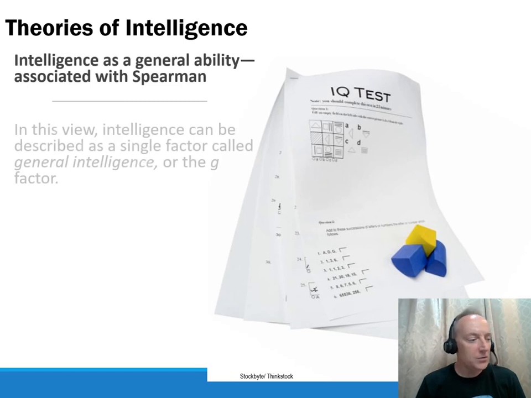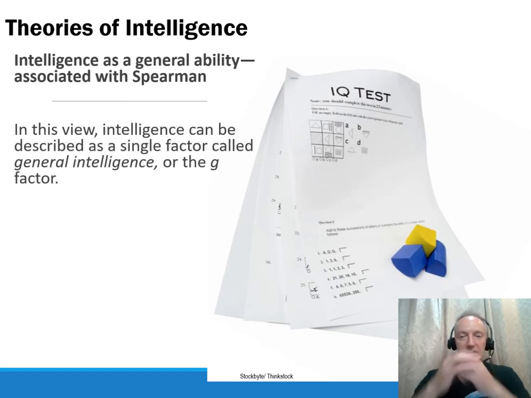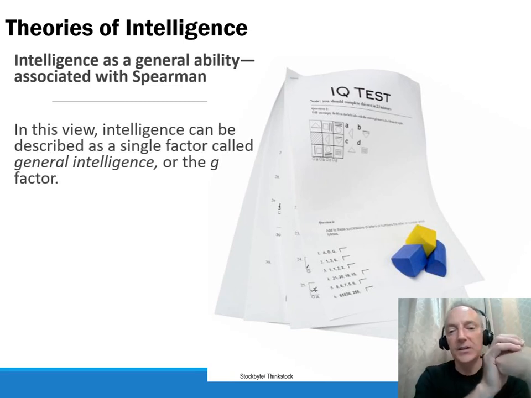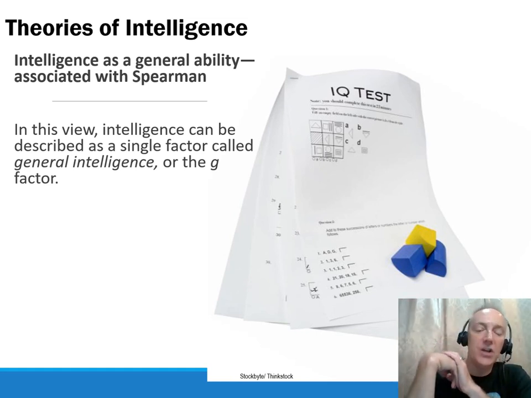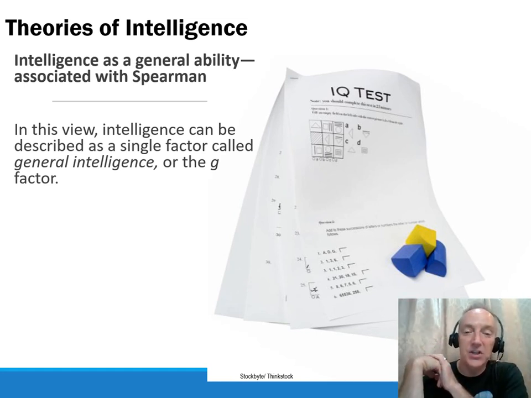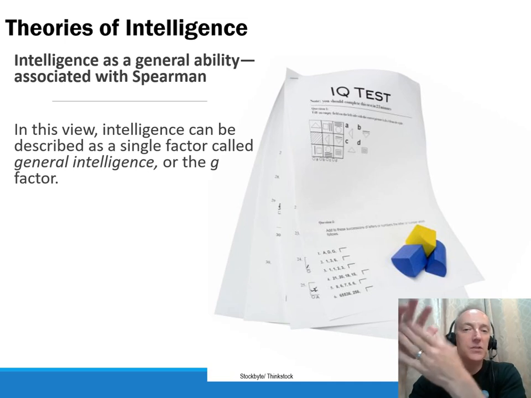So one of the oldest and simplest theories of intelligence is that of Spearman, who saw intelligence as this one overarching thing that he called general intelligence, or the G factor. That if you had it, it's going to help you in lots of situations. The higher your G factor, the better you're going to be at work, at school, socially.